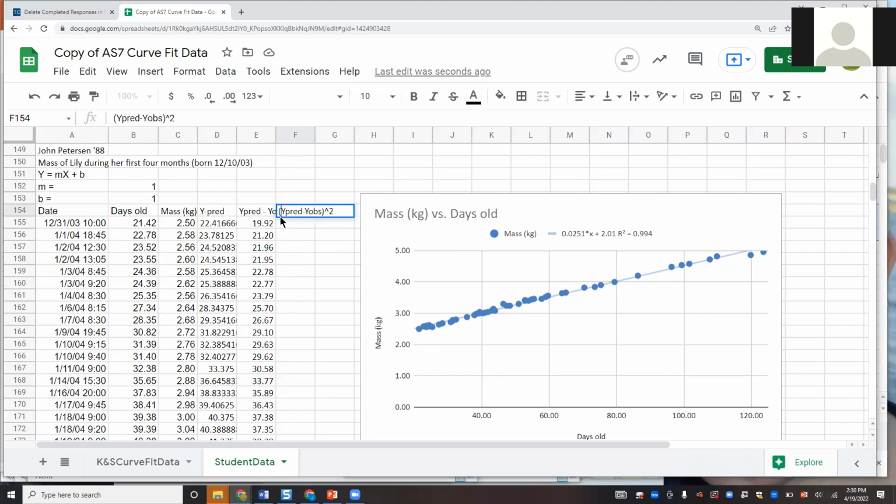So we're doing exactly the procedure that I talked about. I could have done it in one column, it really doesn't make much difference. So I've got a predicted value, predicted minus observed, and predicted minus observed squared.